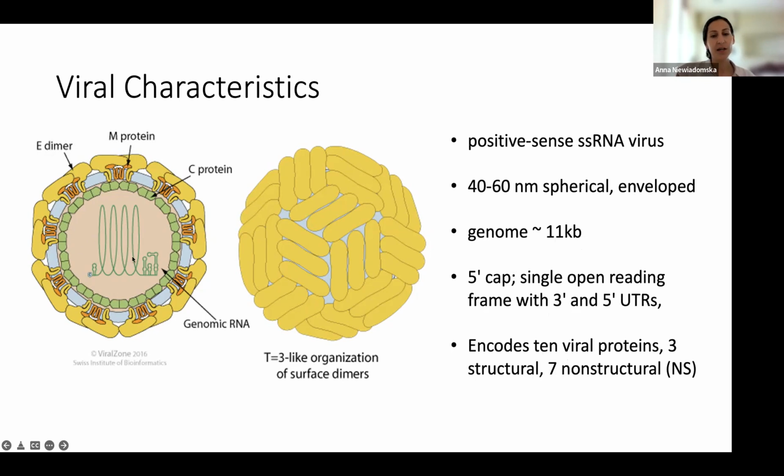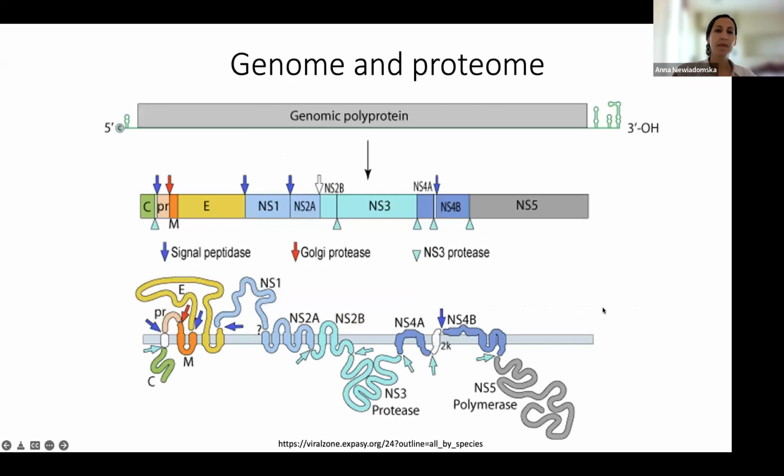And on the inside, we have the genomic RNA with some nice conserved structures on the 5' and 3' ends. And we also have 7 non-structural proteins that have different functions, including genome replication and immunomodulatory functions.